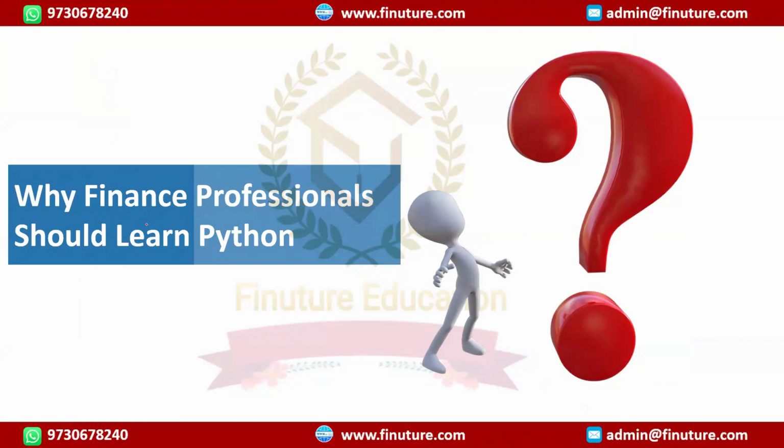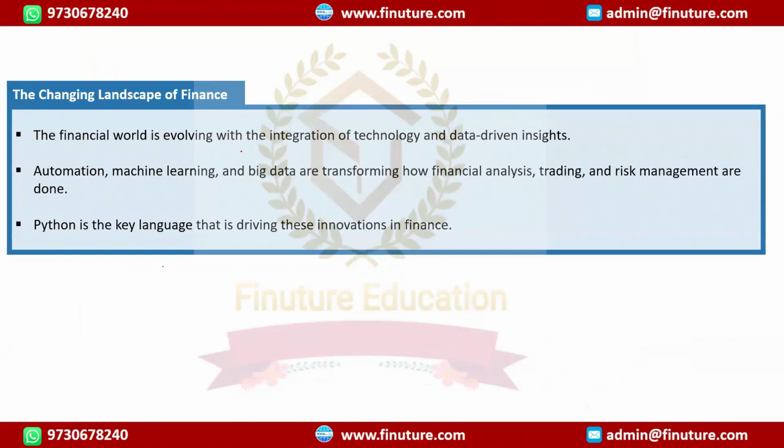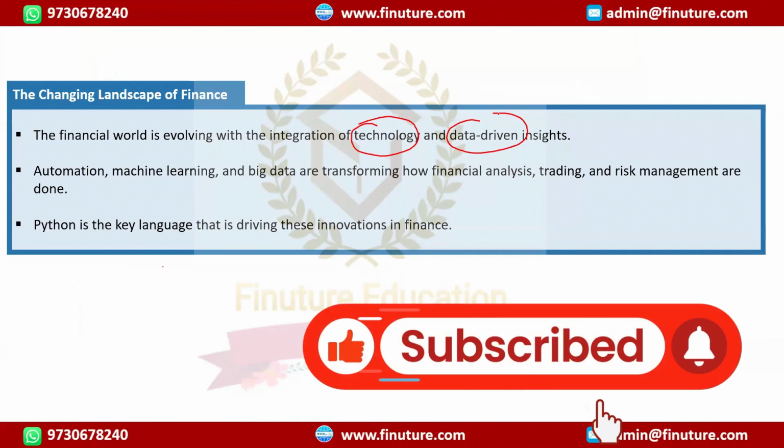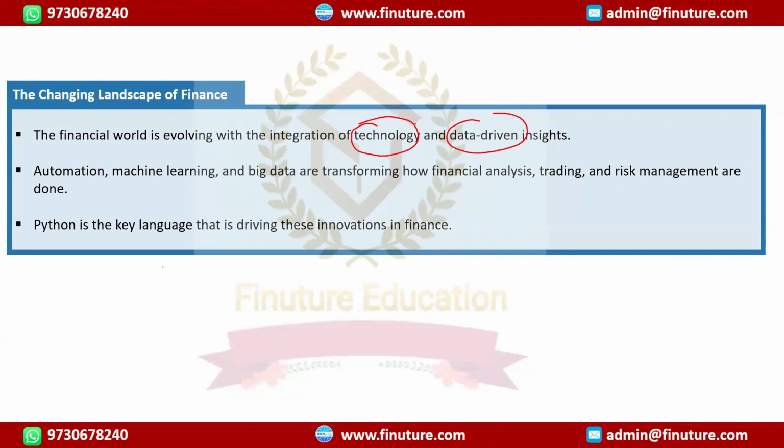So let's see. The financial world is evolving with integration of technologies. A lot of technology integrations are happening, and at the back end, it's completely Python, and it's data driven. So if you have command over technology, and if you understand data well, FRM or any other degree can give you the functional knowledge, but functional knowledge along with a tool or technology that you learn will give you an advantage.